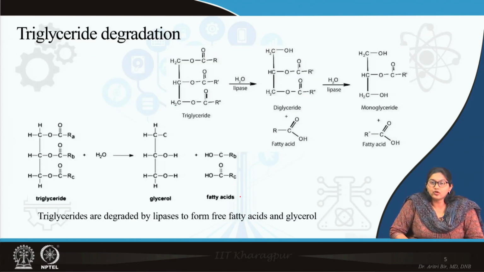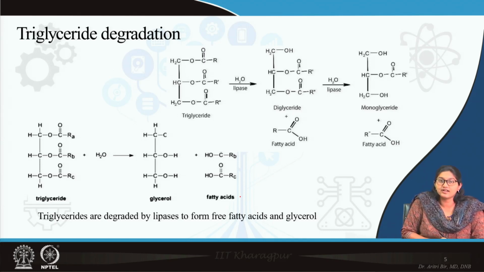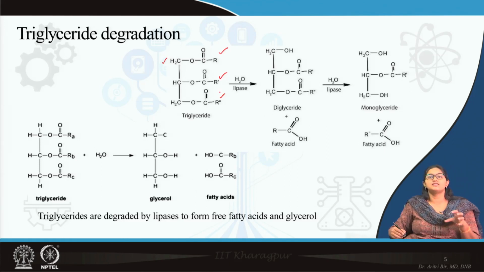Before going to further discussion of the lipases, let us take a look at triglyceride degradation, how triglyceride is degraded by different lipases. There are 3 ester bonds, where glycerol is attached to 3 fatty acids. Here you can see 3 fatty acids are attached.